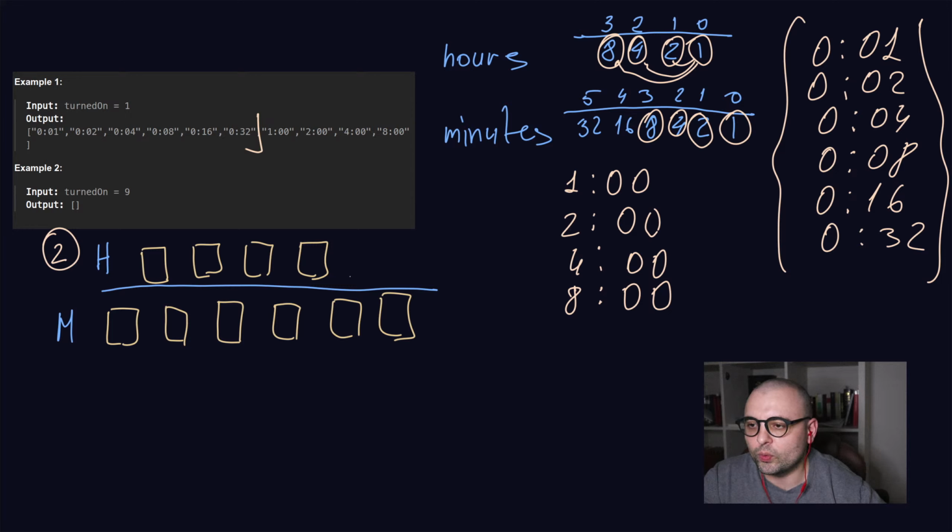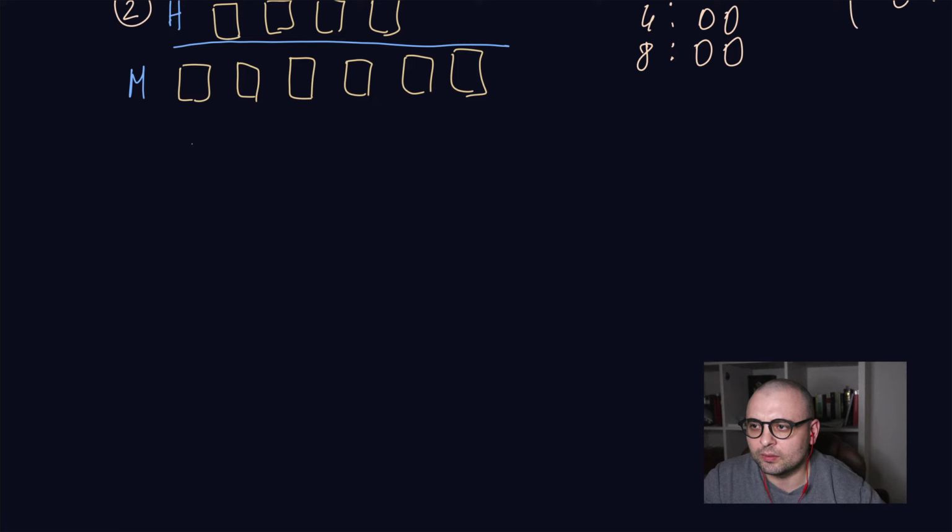One way to do it is to generate all possibilities of numbers of hours, like let's say 1 hour and 1 minute, 1 hour and 2 minutes, 1 hour and 3 minutes, and so on. And then the second stage will be to count how many bits are set.